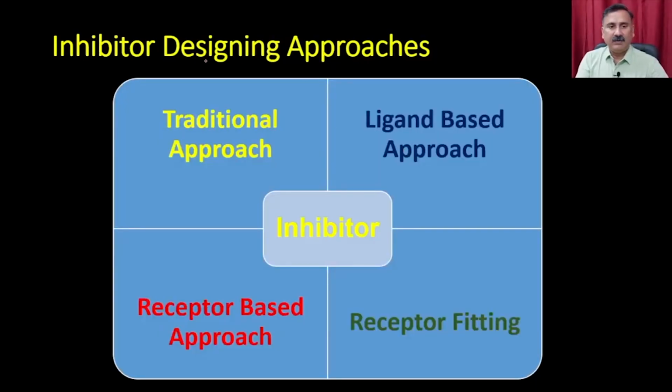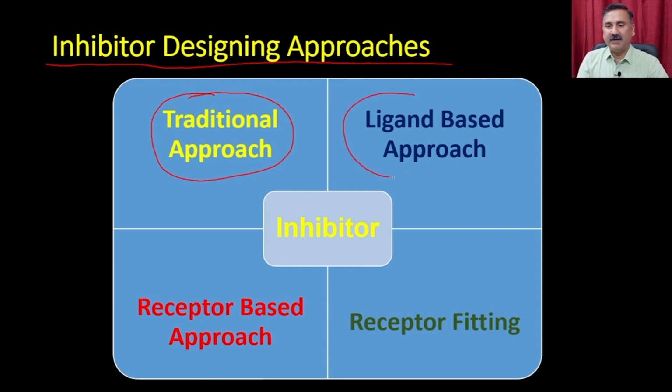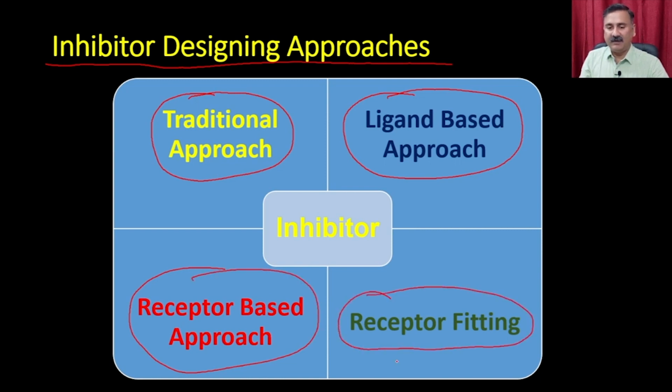when we talk about the inhibitor designing approach, you can have four options. One is the traditional approach, okay? You can have the ligand based approach, you can have the receptor based approach, and you can also have the computational approach where you are going to use docking and related software.